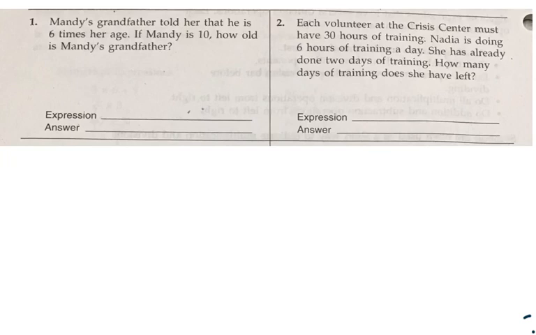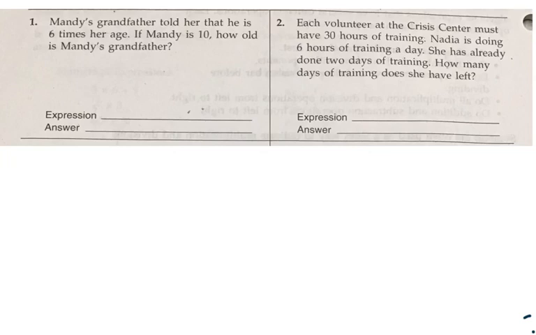Now, this is pretty much the same thing, except we are doing this in word problems. So, for instance, on number 1, Mandy's grandfather told her that he is 6 times her age. If Mandy is 10, how old is Mandy's grandfather?